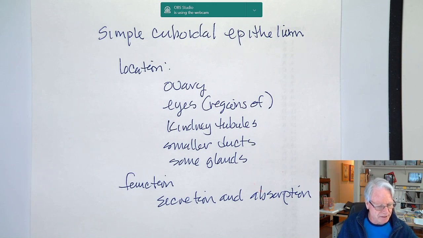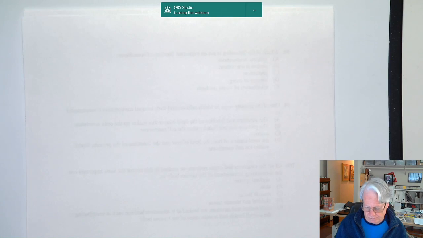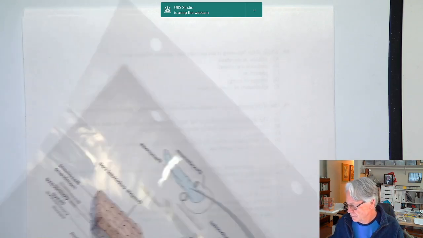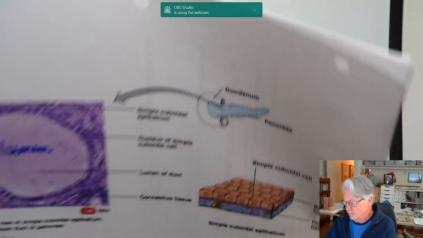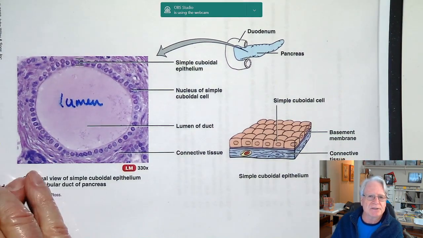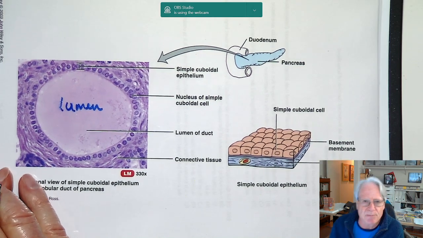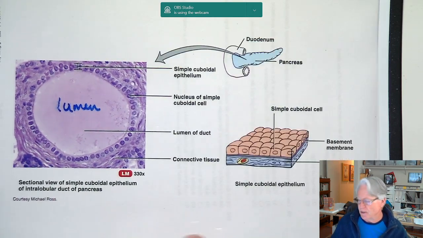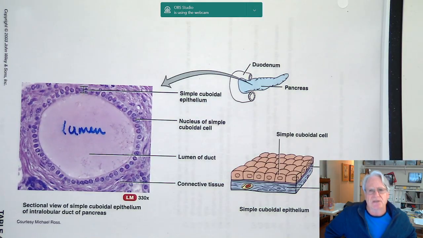Let's go ahead and look at an example of that. There it is. And here we're using the pancreas as our example. You'll learn about this in 40C. We'll do the digestive tract in 40C.